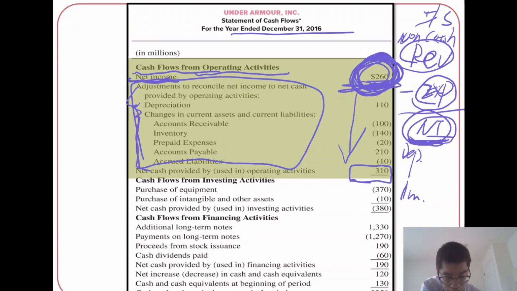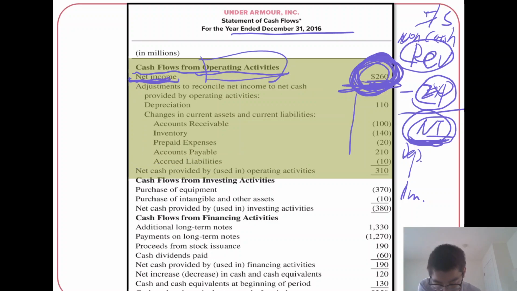That is the cash increase or cash decrease from operating activities only. All right. And then the subtotal line for operating activities is net cash provided or used by operating activities.